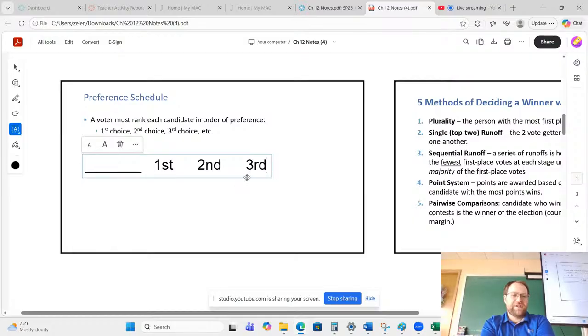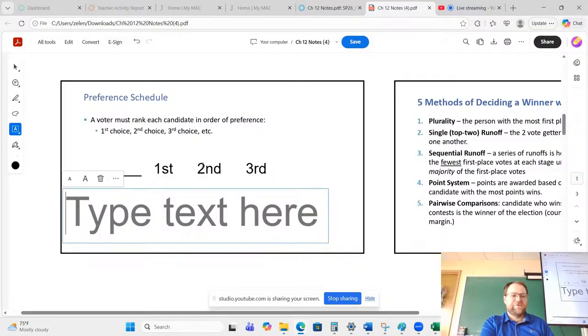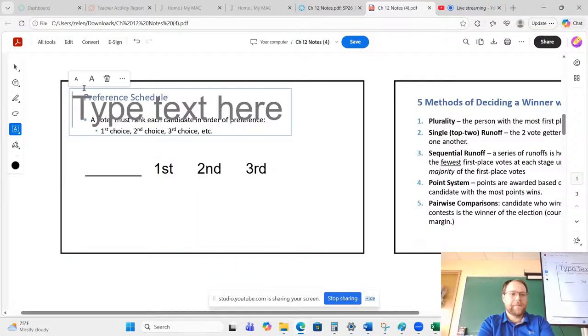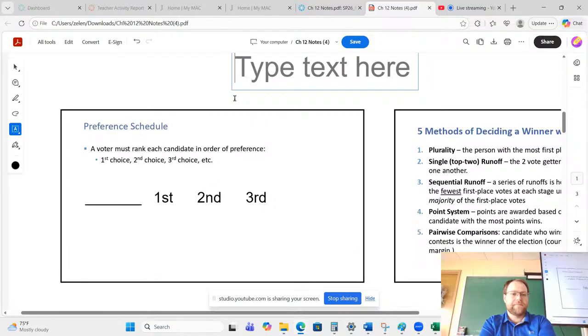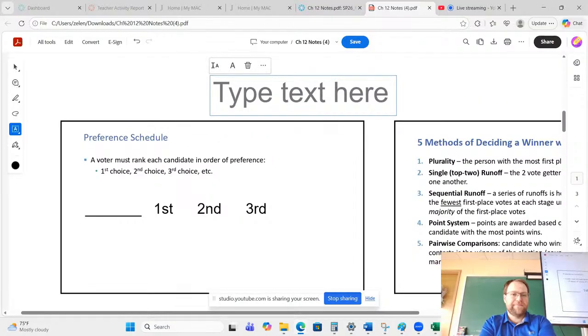And let's just say we're going to have a little election here on preferred ice cream flavors. Say your choices. If I can get this to cooperate with me.